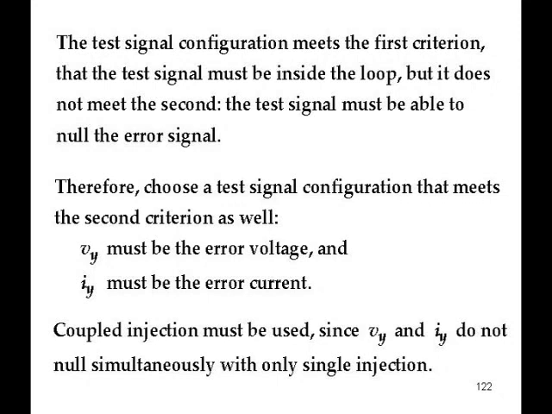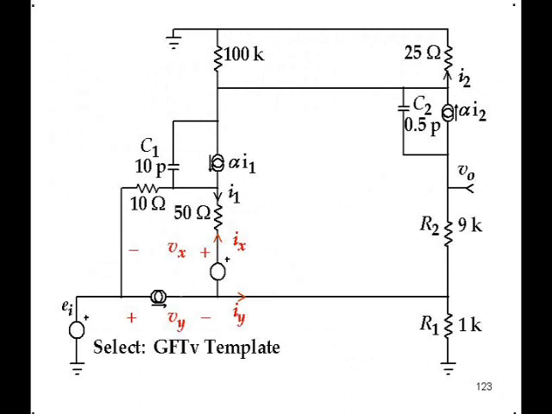Okay, so this is where you have to do the injection. At the error summing point itself, which is where I had it in the earlier block diagram models. It's coupled injection again, both voltage and current, and you choose the configuration so that Vy is the error voltage and Iy is the error current. And it's inside the loop, so it satisfies both criteria.